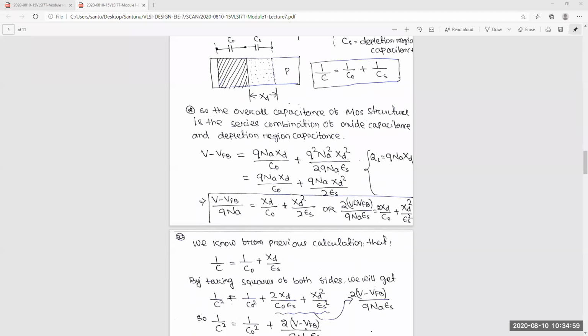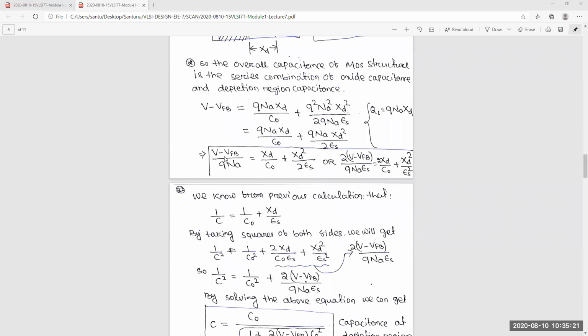Why have I done this? Because in the next calculation you will directly put this value. So that's why I have done it this way. See this, and calculate again on your paper, then you will get a clear idea. Now V minus VFB by q Na is equal to this part.